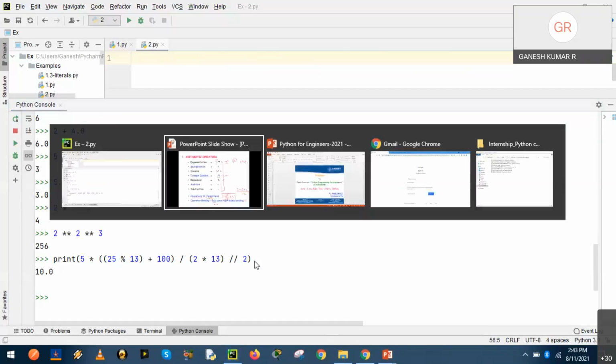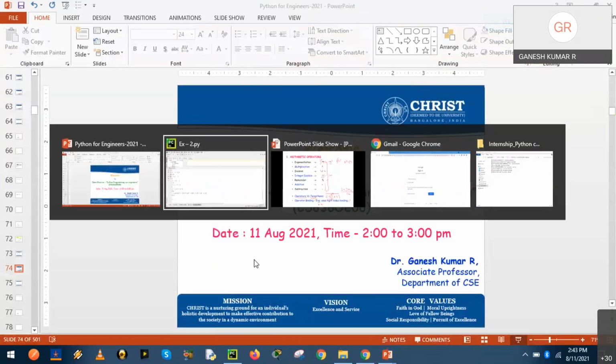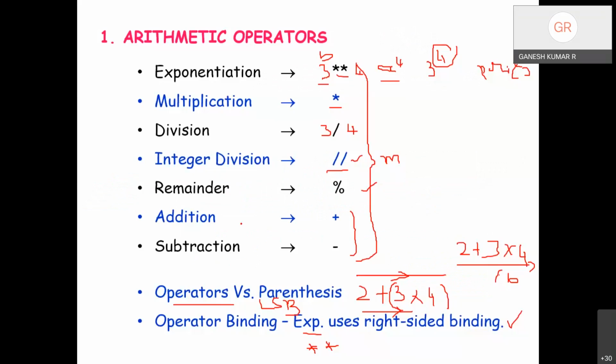Right? With this, we have come to the end. So in this session, we have introduced the arithmetic operators, 7 kinds of operators, starting from exponentiation, represented by double asterisk, multiplication, division, integer division, remainder, addition, subtraction, and 2 special properties.